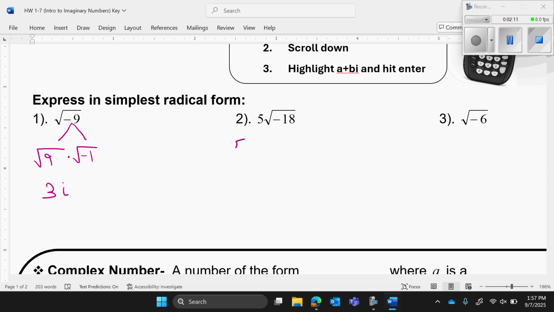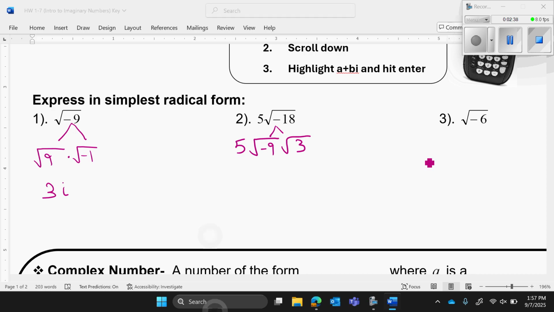We have 5 times the square root of -18, which breaks up into: 18 is what times what? 18 is 9 times 3, right? But we have -18, so you need to make sure one of those numbers is negative. I personally like to put my negative with the perfect square.